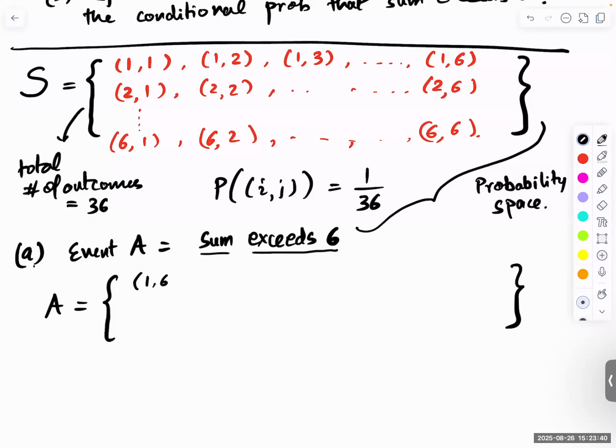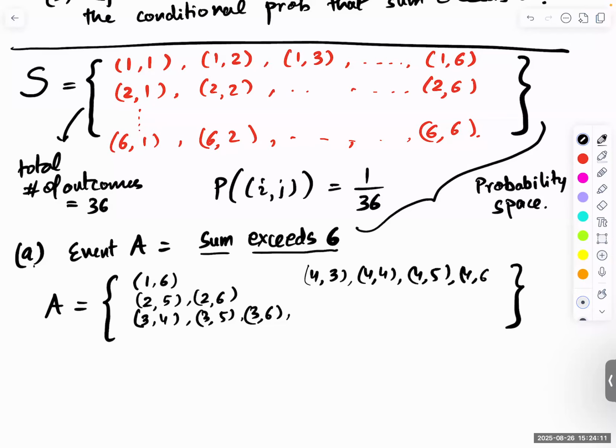If I get 1 and 6, the sum is 7, which exceeds 6. I get 2 and 5, 2 and 6, which exceed 6. 3 and 4, 3 and 5, 3 and 6, 4 and 3, 4 and 4, 4 and 5, 4 and 6, and so on and so forth. 6 and 1, 6 and 2, all the way to 6 and 6.